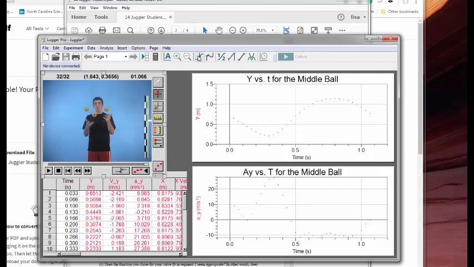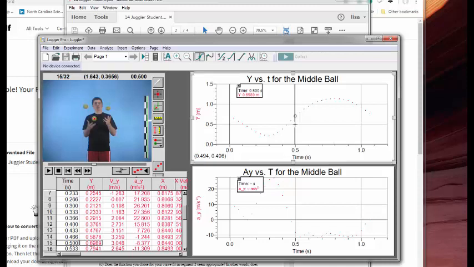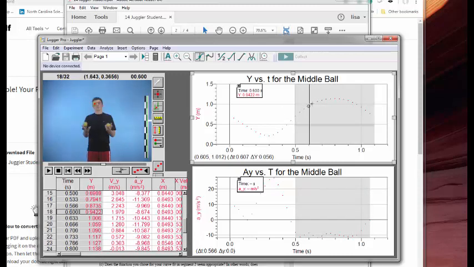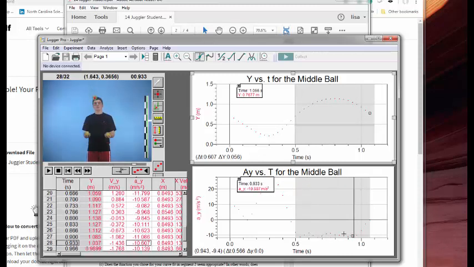And if you click on the Examine button here, and you fast forward until you're at the 15th frame up in the left hand corner of the video, and you highlight to the end of the video, that area is all free fall. That ball is in free fall, and you notice that we stay at about the same acceleration.